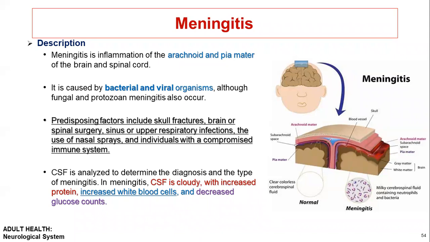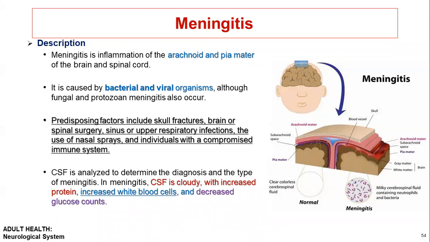A common question the NCLEX board asks: how do we make sure it is meningitis from the CSF? If we measure the glucose, we see decreased glucose content in the CSF, but elevated white blood cells or WBC because it is an infection, and also elevated total protein.